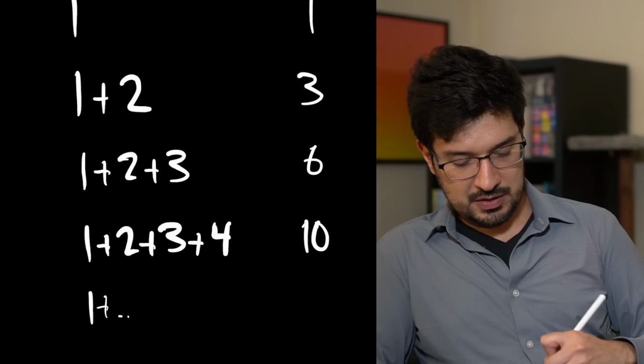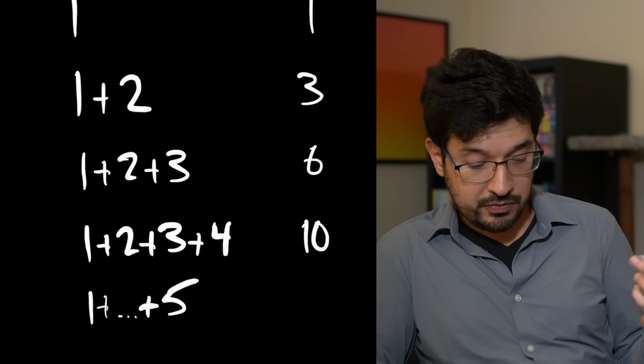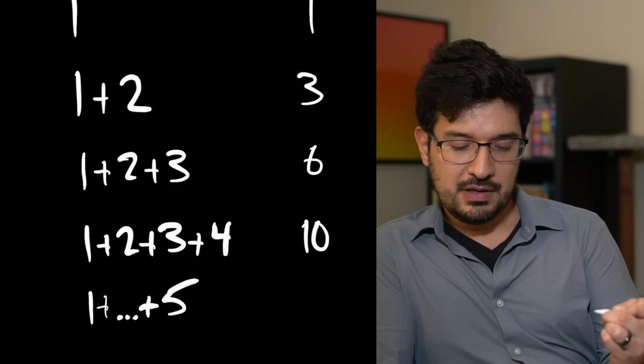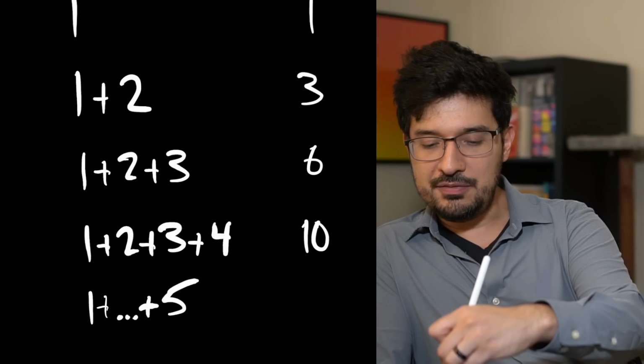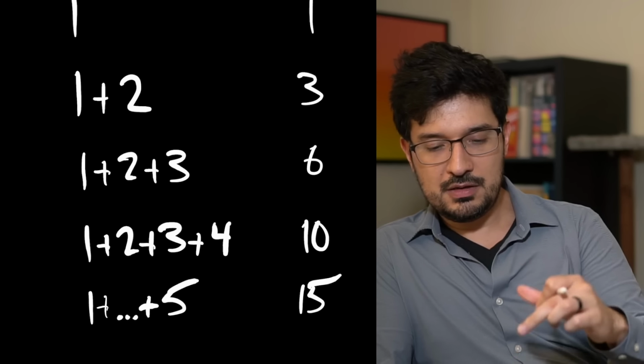Now I'm going to start using dots just to save some space. But notice that 1 dot dot dot plus 5 is 1 through 4 plus 5. So I can take the previous 10 plus 5 is 15. Right?